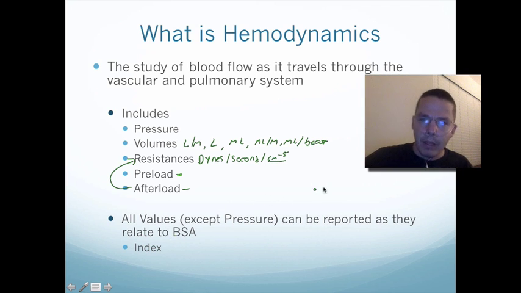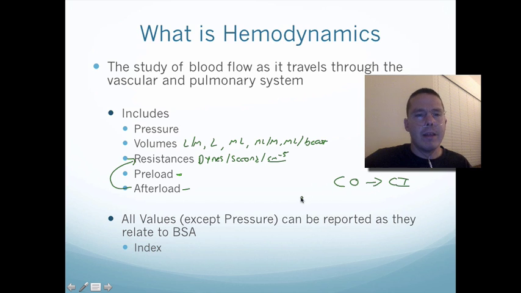For example, the amount of blood that is pumped out of the heart in 1 minute is the cardiac output. But if we take the cardiac output and compare that with the patient's actual size, the body surface area in meters squared, then that converts that value to a cardiac index.